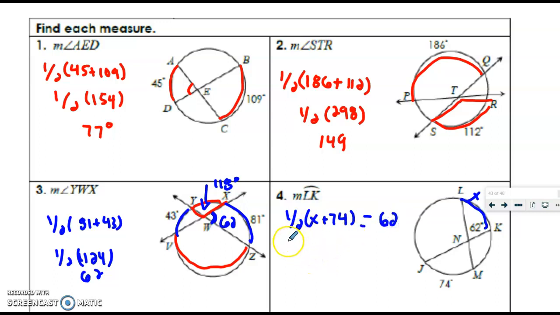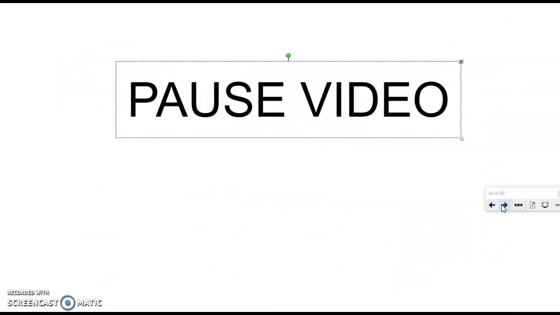I'm going to get rid of that 1/2 by just multiplying both sides by 2. So you're going to get X plus 74 equals 124. And when I solve for X, you're going to get that arc to be 50 degrees. I'm going to ask you guys just to pause the video and try those last two on that page for me.